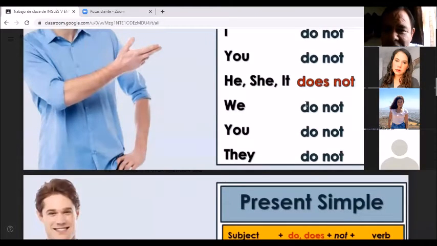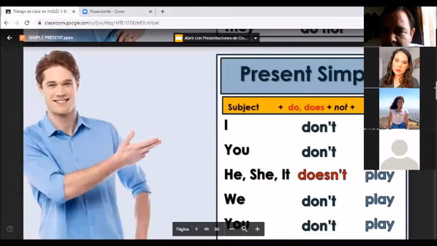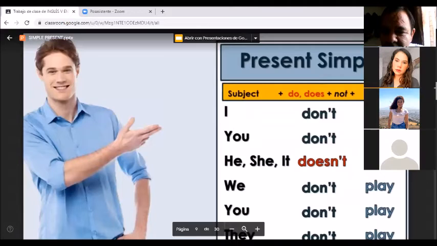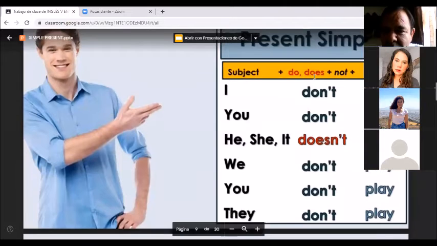We can write the negative sentences in long form, or we can use contractions. As you know, the contractions are I don't. If we put together do and not, we get don't, or doesn't for the third person. He doesn't play, she doesn't play, it doesn't play. I don't play, you don't play, we don't play, you don't play, they don't play.